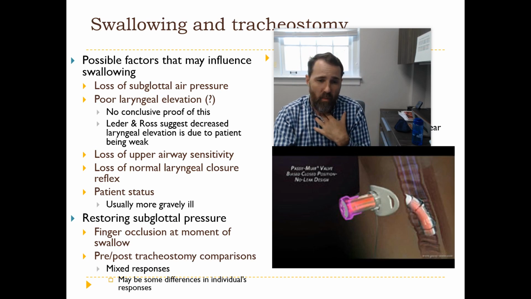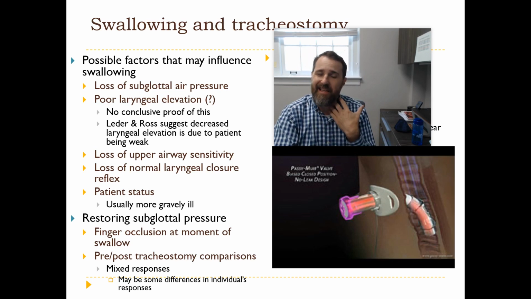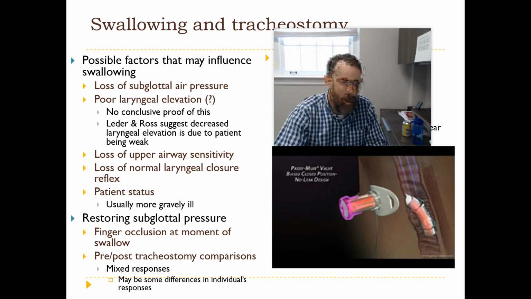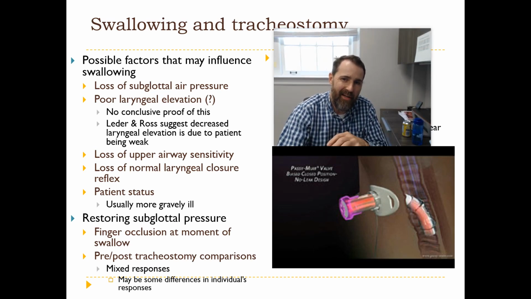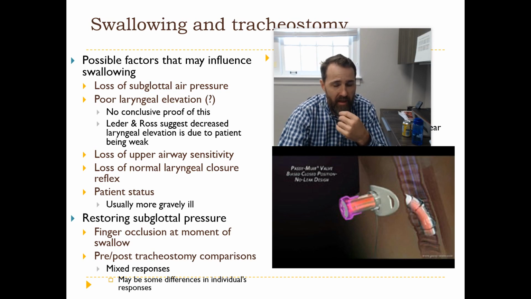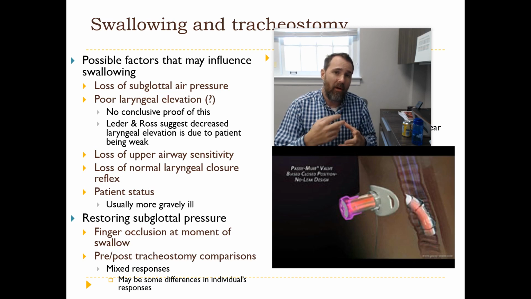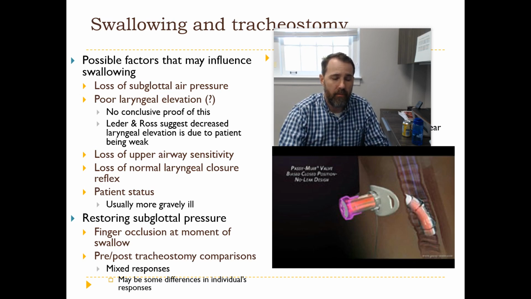As we already mentioned, one of the big problems is the anchoring of the larynx, which reduces hyolaryngeal excursion. Another negative impact that the tracheostomy tubes have on swallowing is that they reduce subglottal air pressure during a swallow.